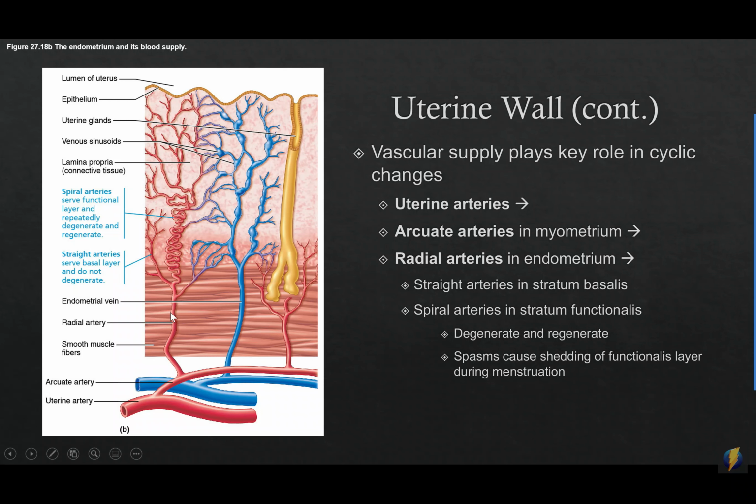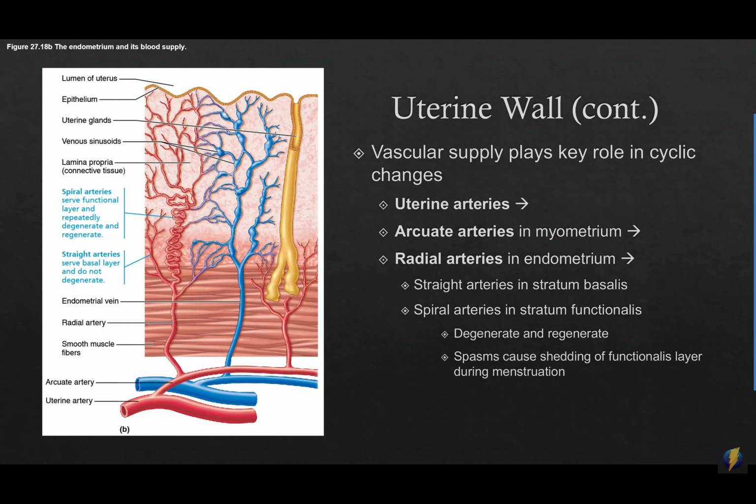then break into these straight arteries here in the basal layer, and these don't regenerate, but then all these little kinky spiral arteries out in the functional layer. And the spiral arteries in the functional layer essentially degenerate and regenerate and degenerate and regenerate.